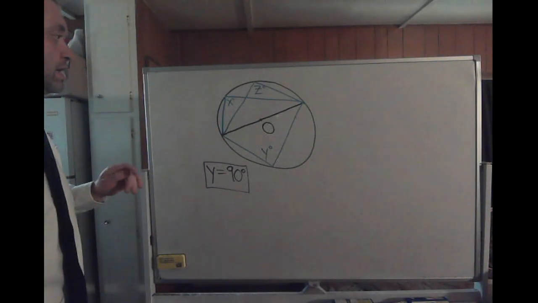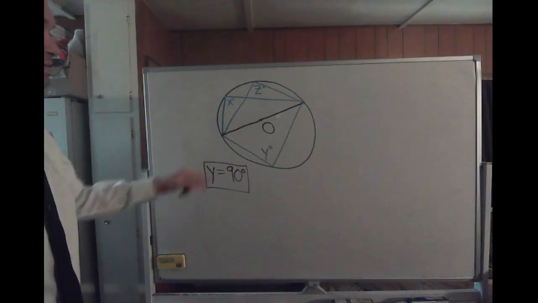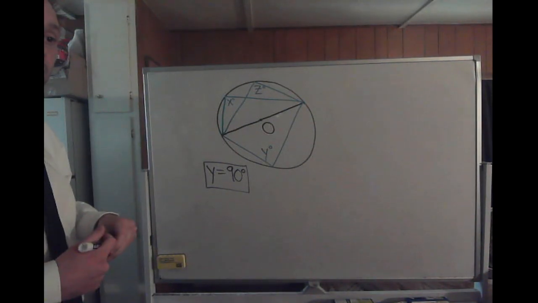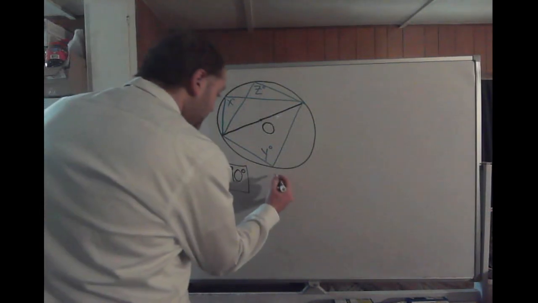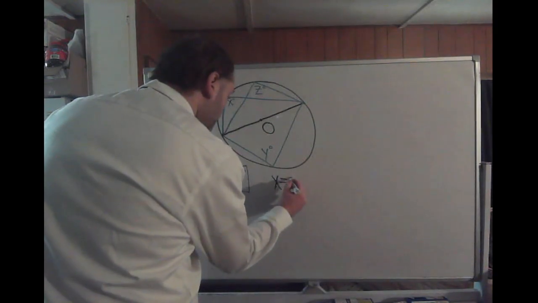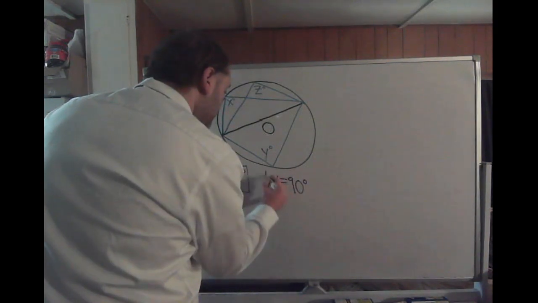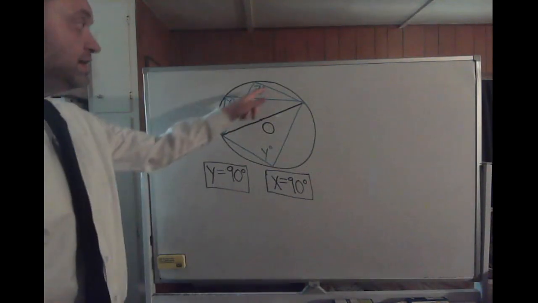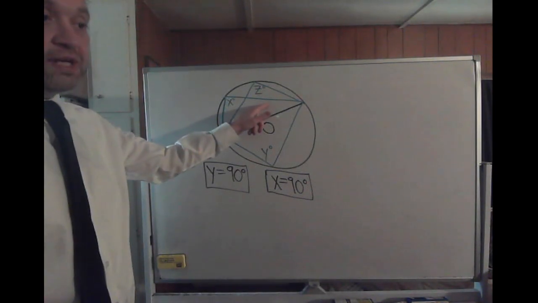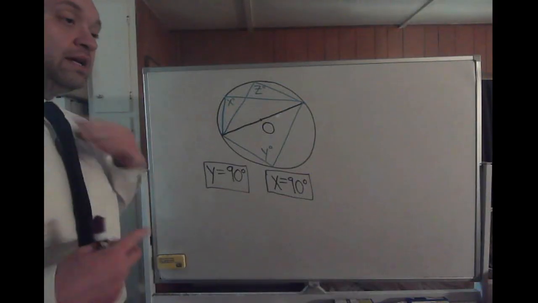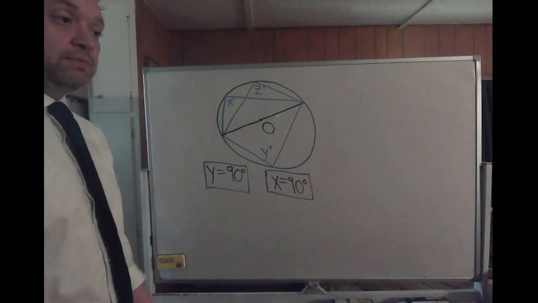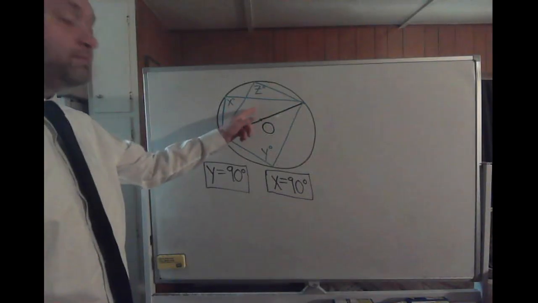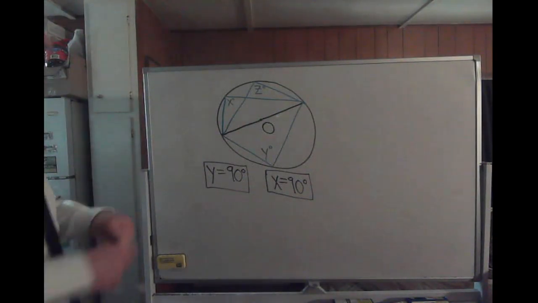Well, let's start with x. If you look at x, it's another angle inscribed in a semicircle. So what does that mean? It's also a 90-degree angle. And then there's 2 ways we can look at z. Z also is an angle inscribed in a semicircle, which would give you 90. But there's another corollary that comes into play, that if you have 2 angles that intercept the same arc, they're congruent.